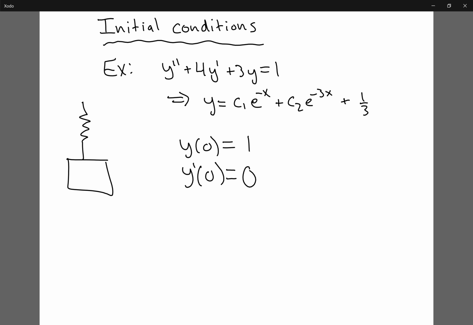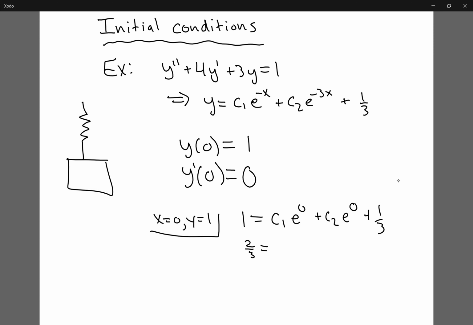So we'll plug in x equals 0, y equals 1, and we will get 1 equals c1 times e to the 0 plus c2 e to the 0 plus 1/3. And we could write that as 2/3 equals c1 plus c2.